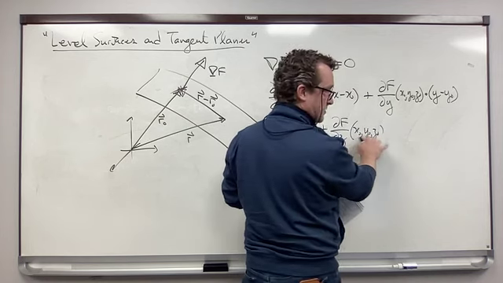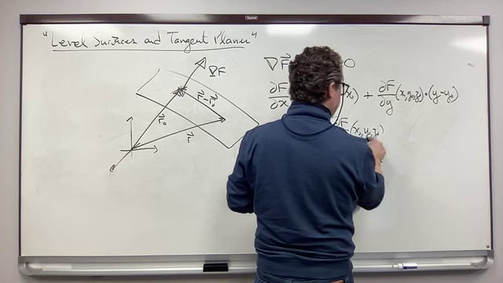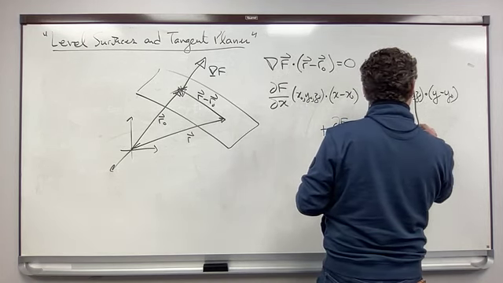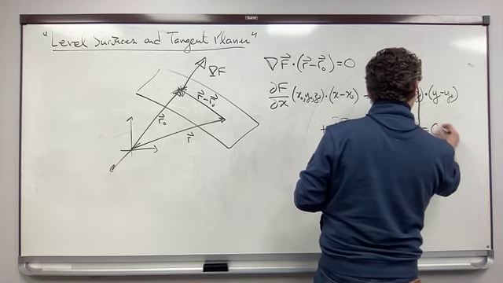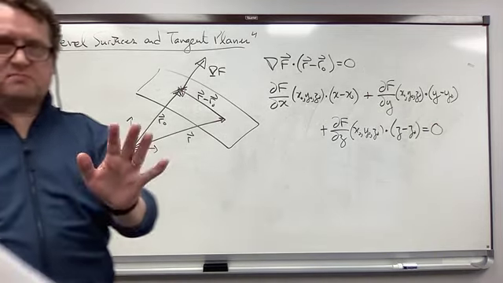I'm not multiplying by x, y, z. I'm saying this partial derivative function evaluated at this point, which is on the plane, dotted into the z component of the general vector in that plane. That must be 0. So this gives us an algorithm, though it may not be obvious here.